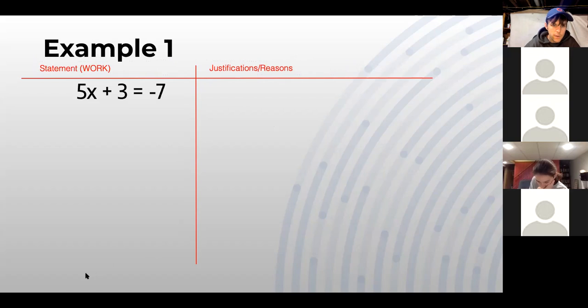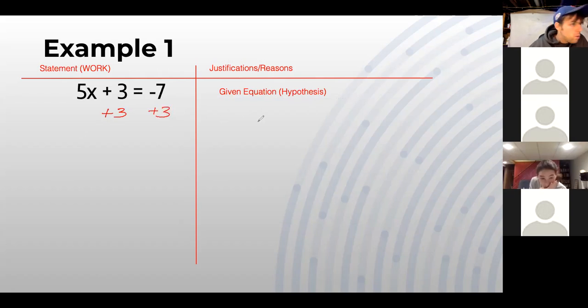So the very first thing we have here is the given equation, or our hypothesis. So we always start off with our given equation, and then we kind of work from there and see what we're doing to it. So what do we need to do to this equation? We need to get rid of this 3, right? So we need to add 3 to both sides.